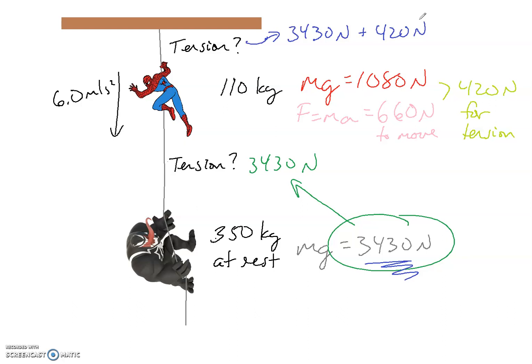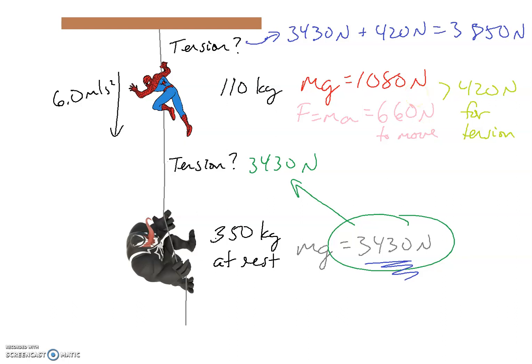So if we put those two together, we have a total tension of 3,850 newtons at the top. 3,430 of that is just to support Venom's weight, and then another 420 newtons of tension because Spider-Man is holding on a little bit, and then the rest of his weight force is lost to his acceleration, which was the 660.